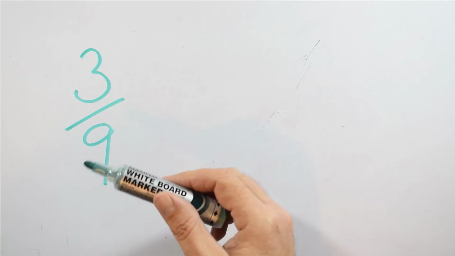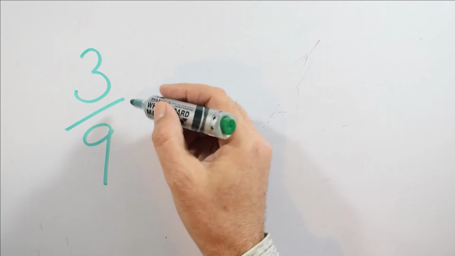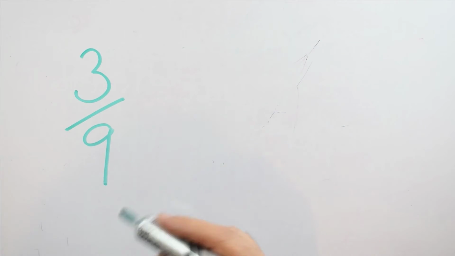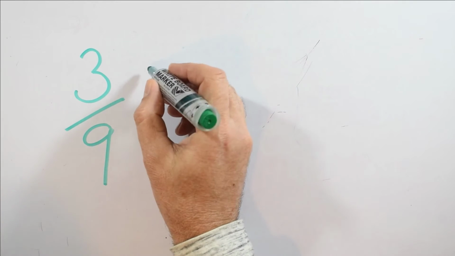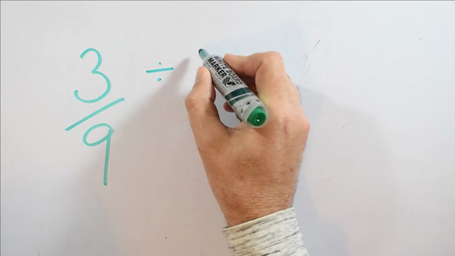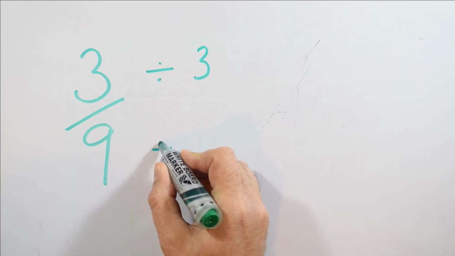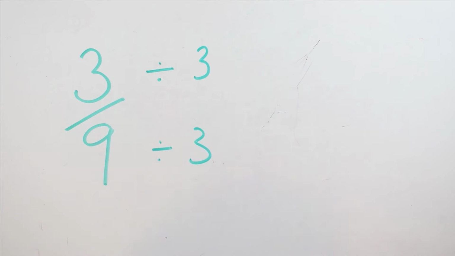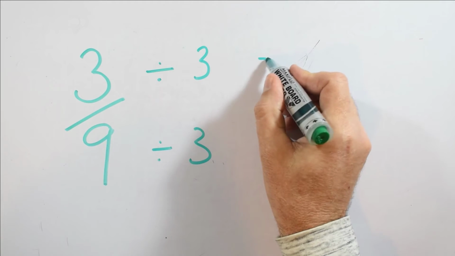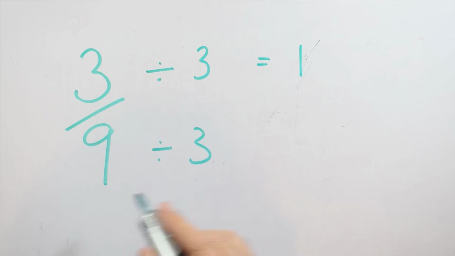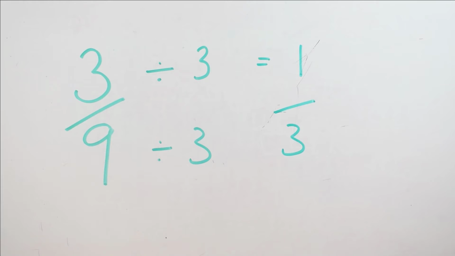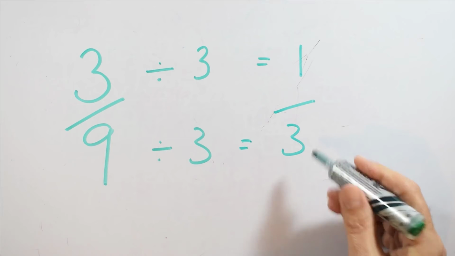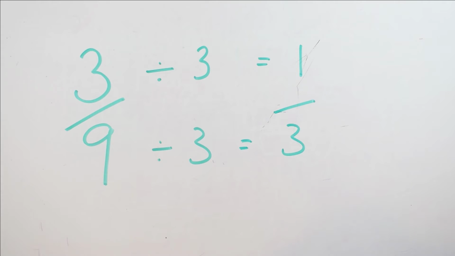I can't divide it by 2, but I can divide them both by 3, can't divide them by 4 and 5 and so on. So the sensible thing here is to divide both of these numbers by 3. 3 divided by 3 gives me 1. 9 divided by 3 gives me 3. And you can see here that 3/9 is the same as 1/3.